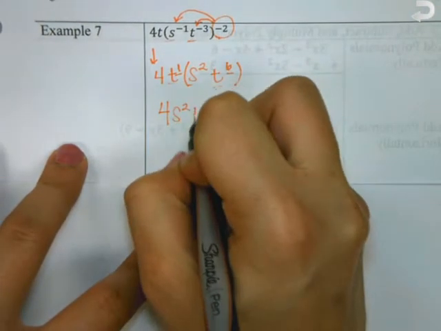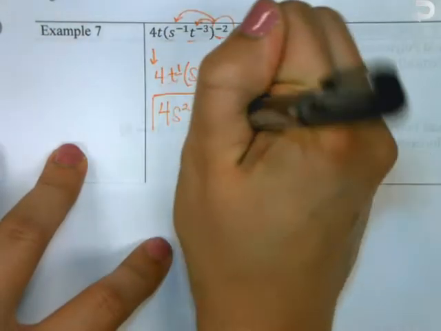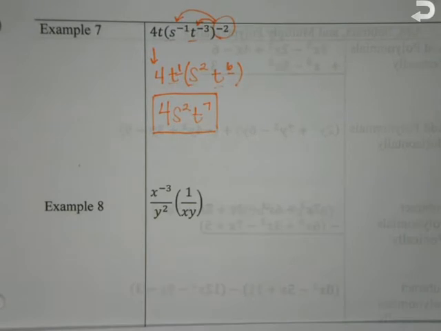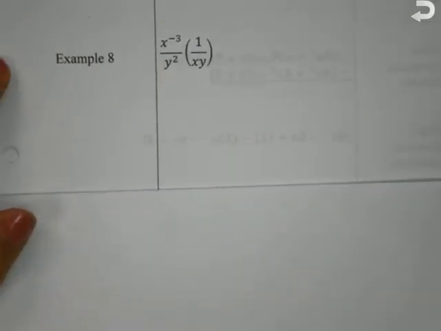Example 8. X to the negative 3rd, y squared, over y squared times 1 over xy. This is a case in which I would start worrying about the negatives first, only because it's going to be harder for us to combine these two things because of that negative exponent.